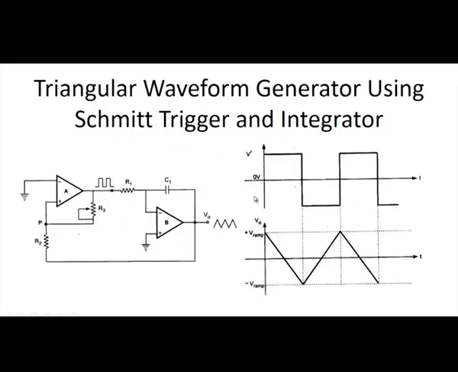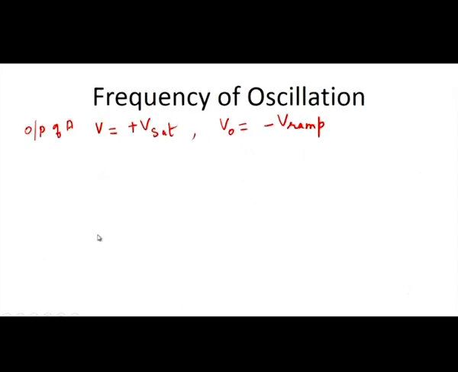So, when you see the circuit, if we want to calculate the voltage at P, that is the voltage at the positive terminal, we have two voltages: at the output of A, as well as at one end of the resistor R2. Here you have a positive V saturation, here you have a minus V ramp. So, how will you calculate the voltage at the point P? You have to use the superposition theorem.